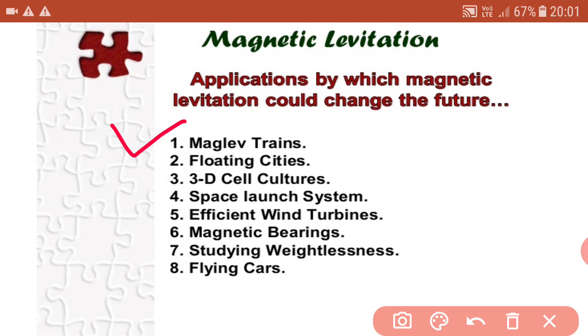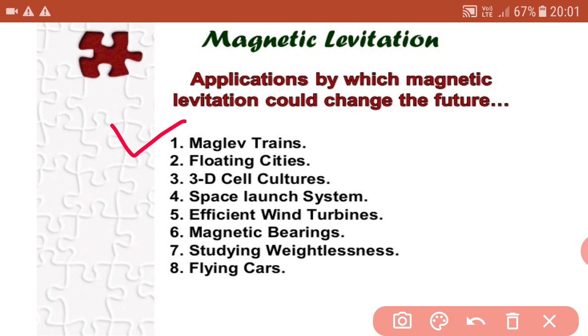The third is 3D cell cultures. Then the space launch system. If we use this repulsive force for a space launch system, then this is also a powerful application of magnetic levitation.